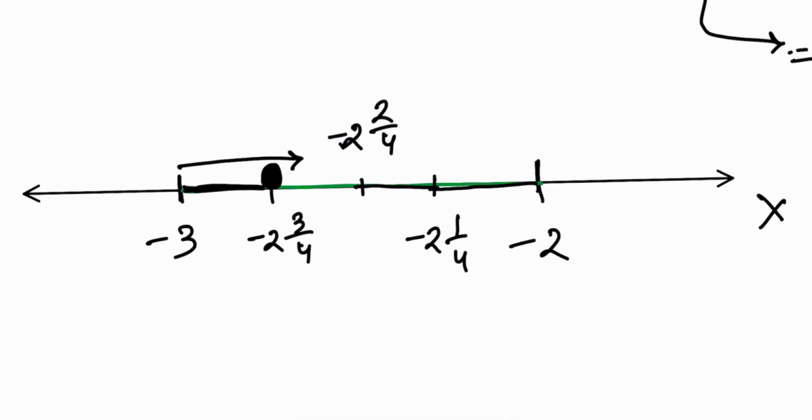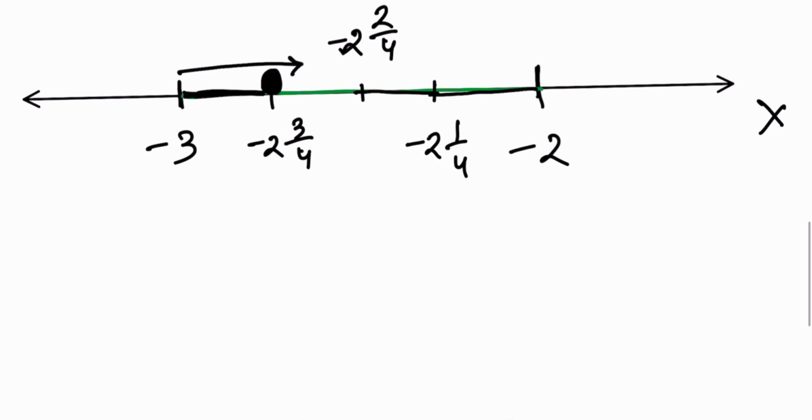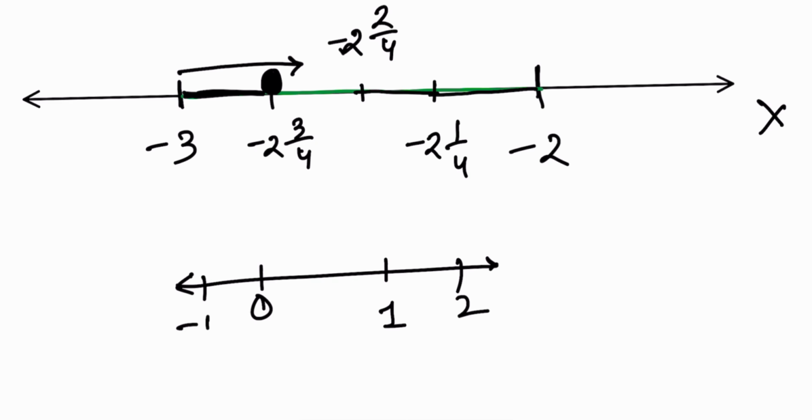Suppose I am taking another example. Suppose 0 and 1 are there, then 2 is there, and here is -1. If you mark a number line like this, and the question is to plot 1 only, we have to plot just 1, simply indicating 1. But if you draw a line from 0 to 1 like this, it indicates that you are plotting all the numbers that exist between 0 and 1.